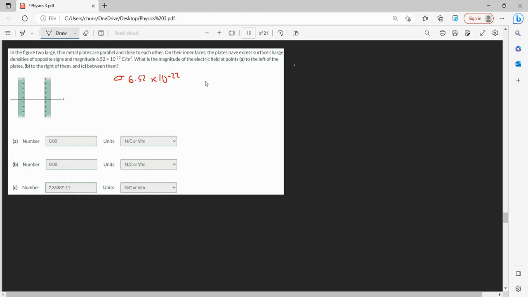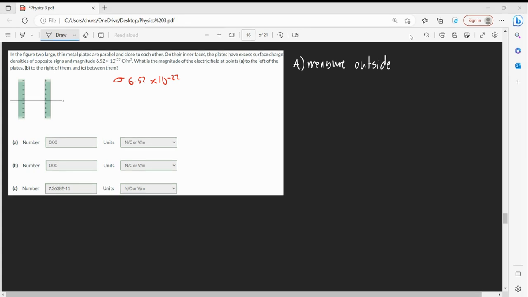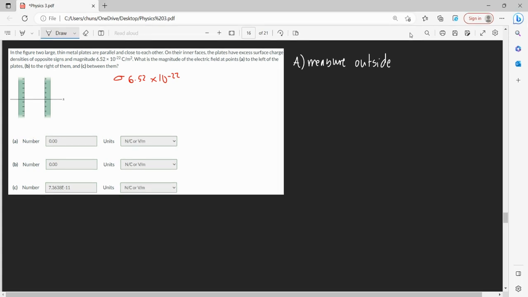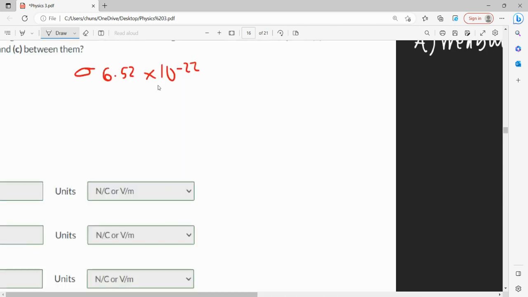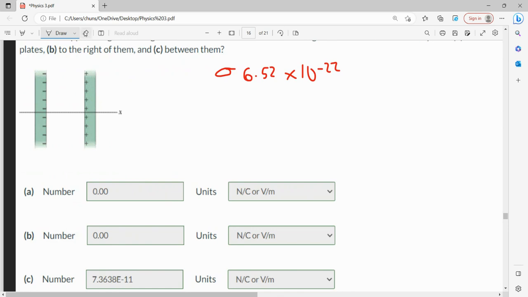So for part A and B, when we measure outside, okay, so again, we can explain this with electric field diagrams. So we know that from our positive, it's going to want to flow to our negative.